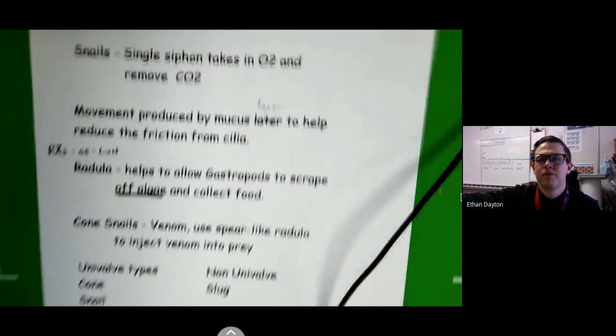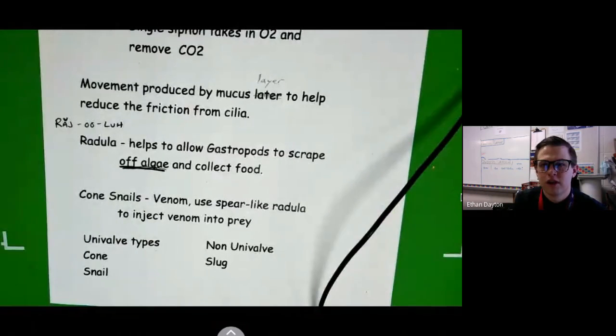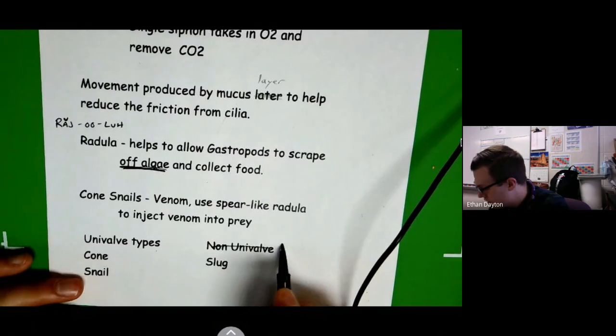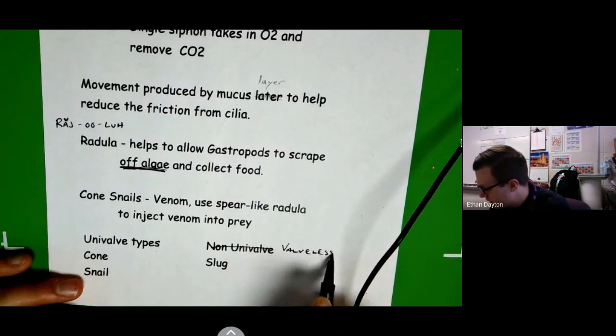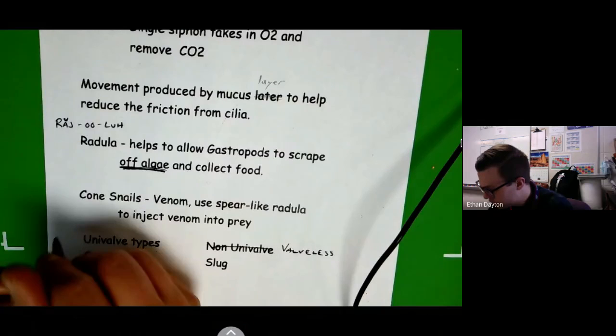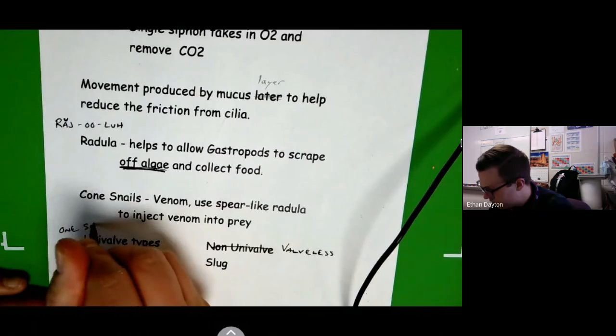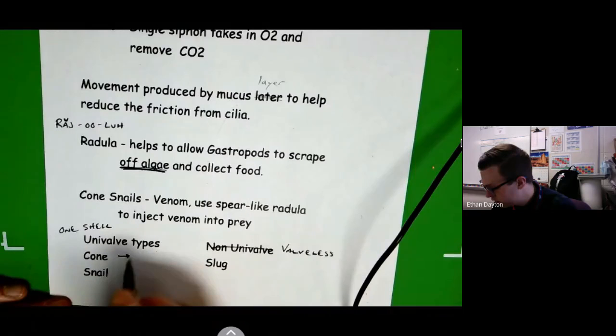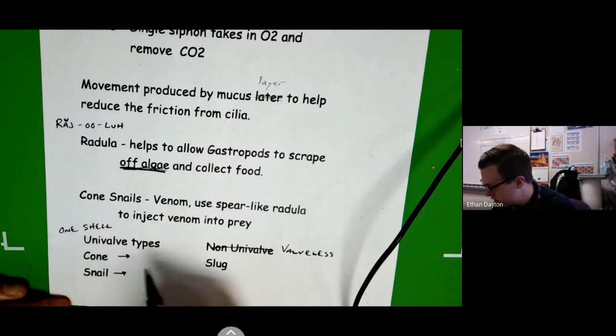So we have univalves and non-univalves, or we could also call them valveless. The univalves means one shell, right? Okay. The cone snail is one, and the snail is one.